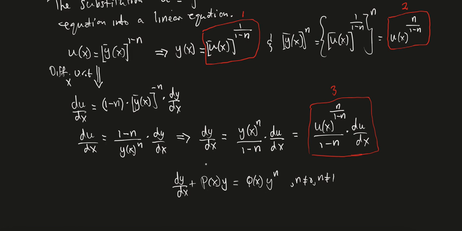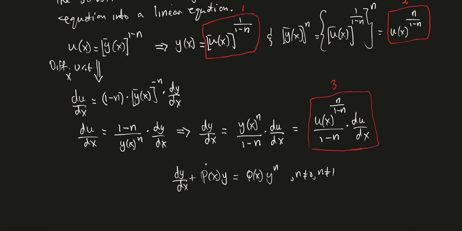So now let's plug in these 3 things that I have highlighted. So for dy/dx, we're going to replace it with this expression. So we're going to have u(x)^(n/(1-n)) over 1 minus n times du/dx, right?